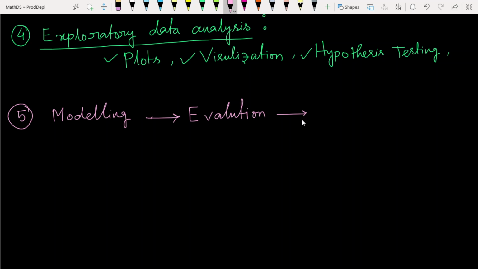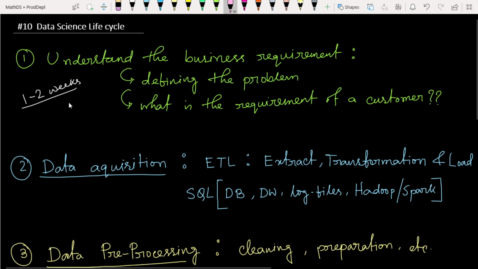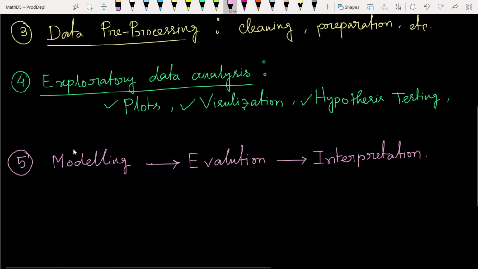After evaluation, we have to interpret it. Interpretation also plays an important role in this stage. There are many steps, but till now machine learning scientists and engineers have mainly focused on this fifth step.